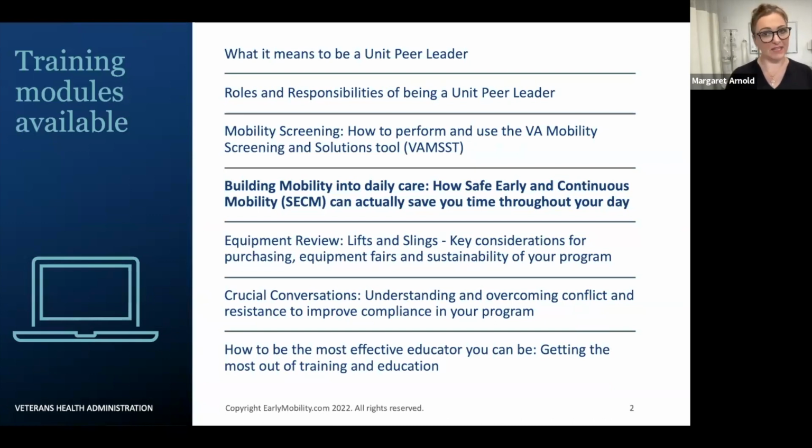The modules include what it means to be a unit peer leader, roles and responsibilities of being a unit peer leader, mobility screening, how to perform and use the VA mobility screening and solutions tool, building mobility into daily care, how safe early continuous mobility or SECM can actually save you time throughout the day, equipment review, lifts and slings, key considerations for purchasing equipment, fares and sustainability of your program, crucial conversations, understanding and overcoming conflict and resistance to improve compliance in your program, and how to be the most effective educator that you can be to get the most out of your training and education.